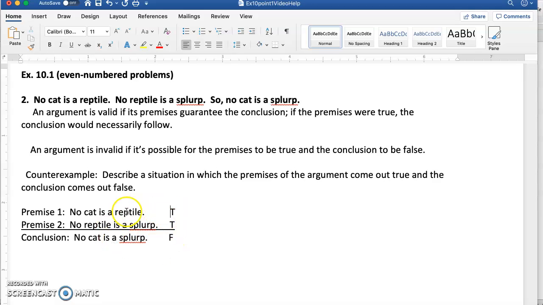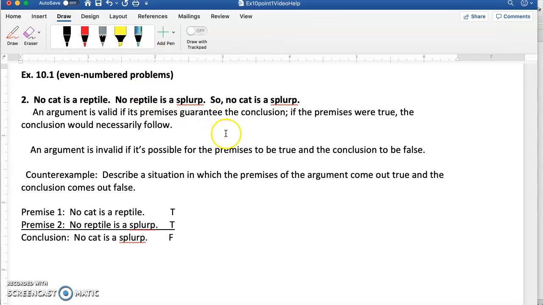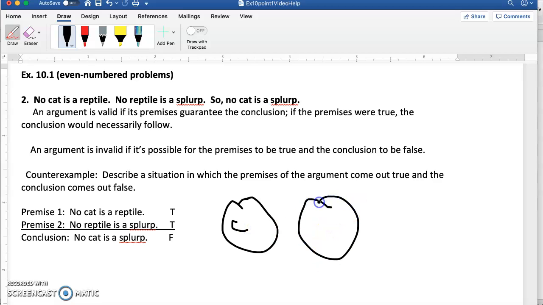Now, sometimes when you have the word no or the word any or the word all, a diagram can be useful. So I'm going to show you an example of my terrible artwork. The first premise says no cat is a reptile. So if we drew a circle that encompassed all the cats, I'll put a C there for cat, and we drew a circle that encompassed all the reptiles, put an R there for reptile, there's no overlap at all between them, right?